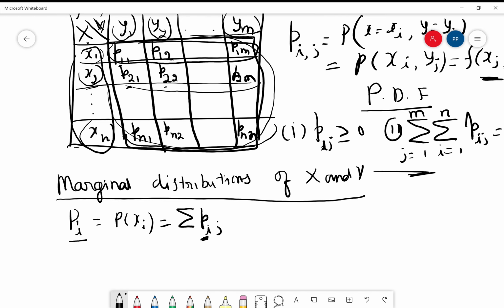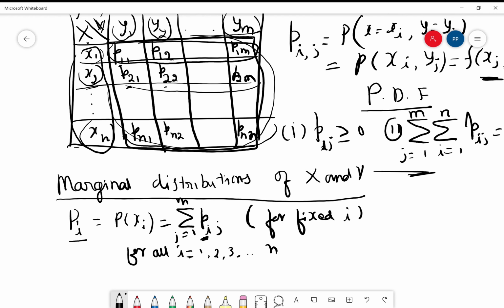So i is fixed, and j takes the value from 1 to m. In simple words, just take the sum of the entries in the ith row. First row means this one, second row means this one, similarly the ith row. Then you find these for all values of i, for all i equals 1, 2, 3, etc.